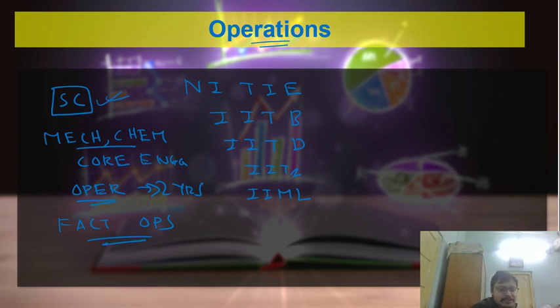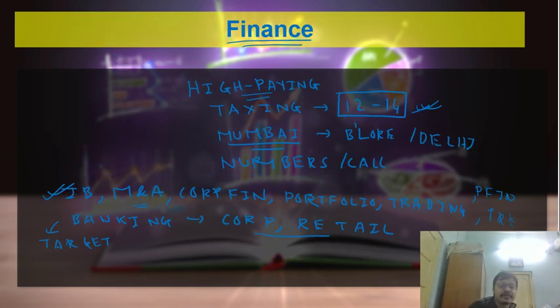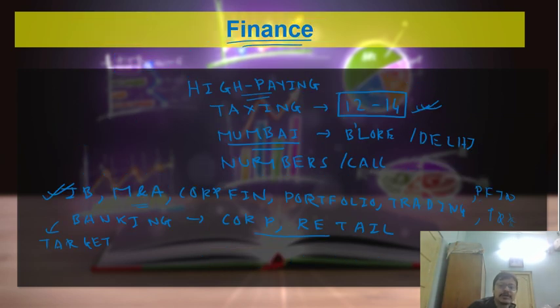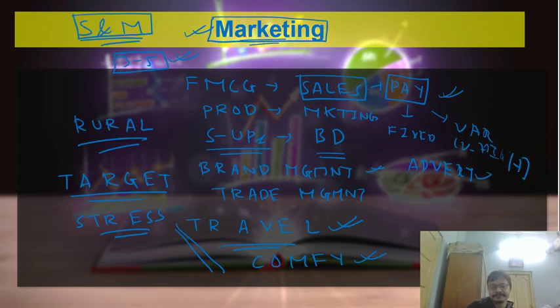Pre-MBA, if you have worked somewhere, then only go for a career in operations. Otherwise, it's better to go for something like marketing and finance, which does not require too much pre-exposure. Sales and marketing doesn't require any pre-exposure at all. Finance, if you have a bit of knowledge, that would be good.